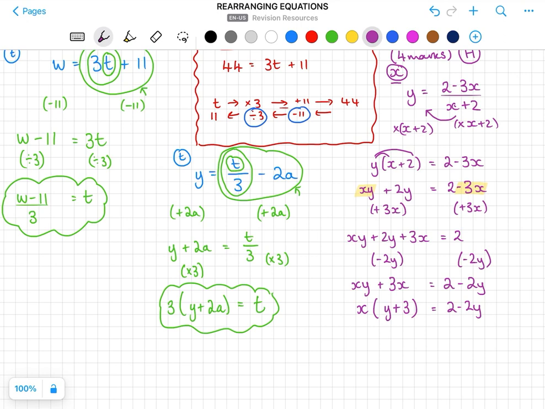At the moment, that's multiplying x. We want to do the opposite to move that over to the other side, so we are going to divide both sides by y plus 3, leaving us with x equals 2 minus 2y over y plus 3.